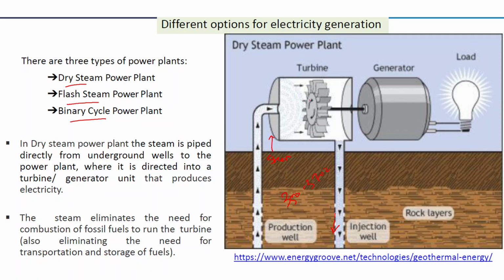This steam will go to the turbine, and the turbine will rotate the shaft of the generator, producing electricity. Then the residual water, after recovery of all the heat from the steam, will be given back into the injection well again.